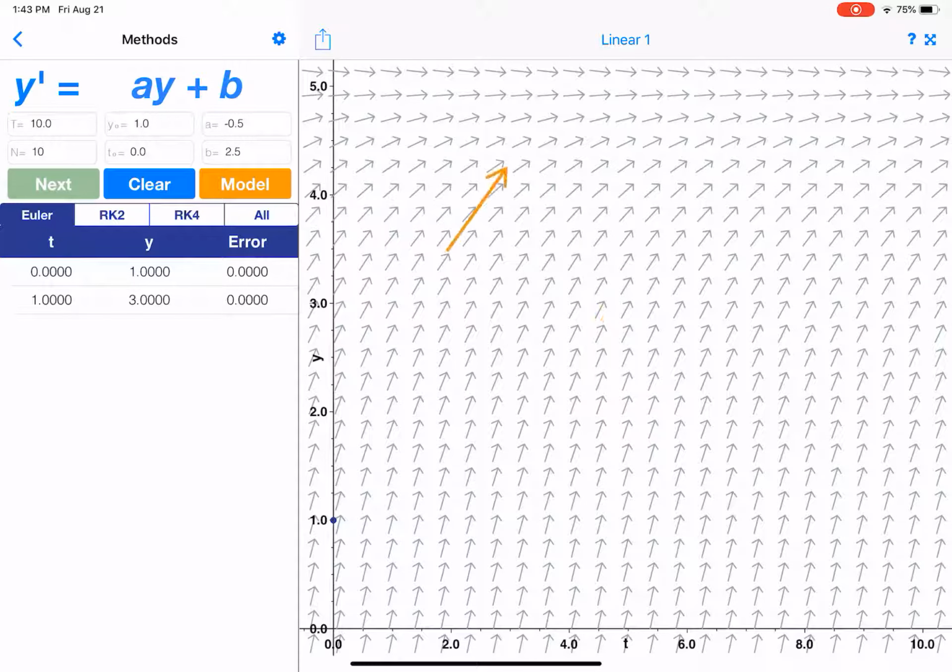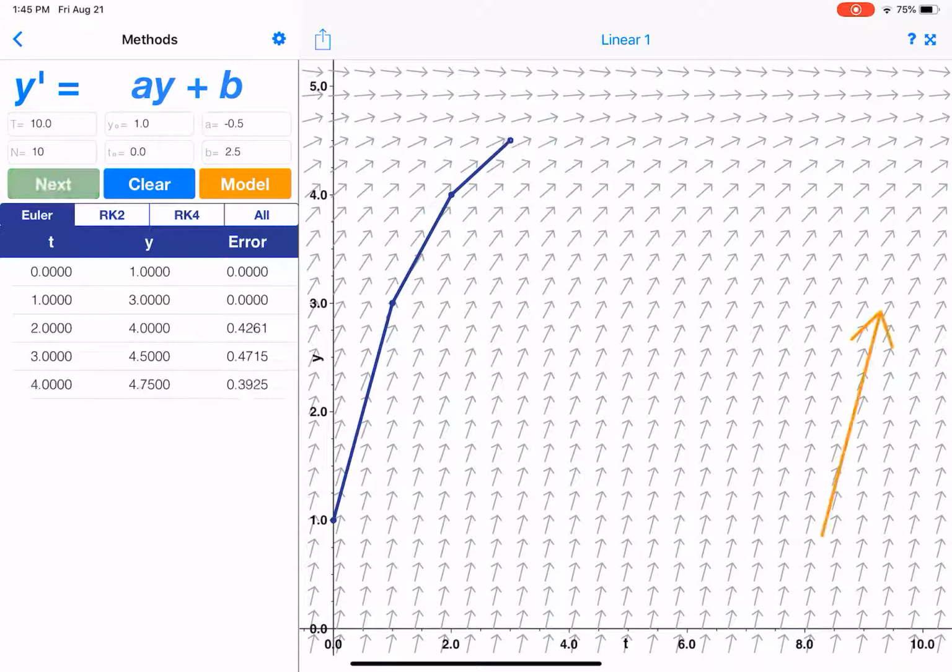Once I've gotten an approximation for y of 1, I can then grab another arrow that's going to follow for another time step, and I can follow the slope at the end of my first approximation. And now again, I can get another arrow and move that one into place, and I can follow the slope that's at the end of my previous approximation.